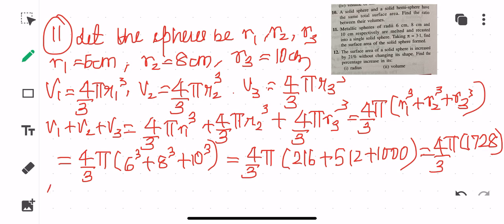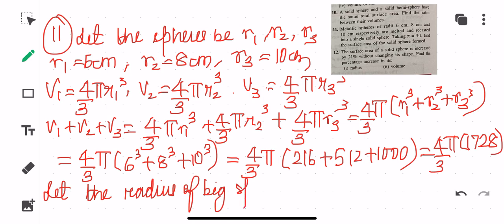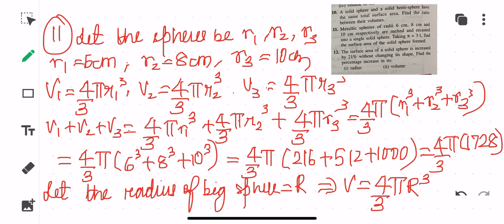Let the radius of the bigger sphere be capital R. This implies the volume will be 4 upon 3 pi capital R cube.